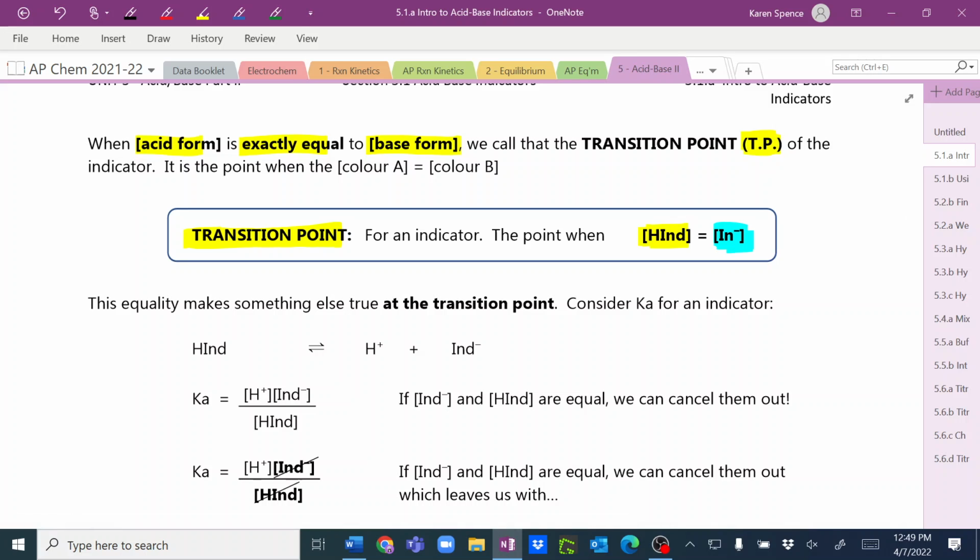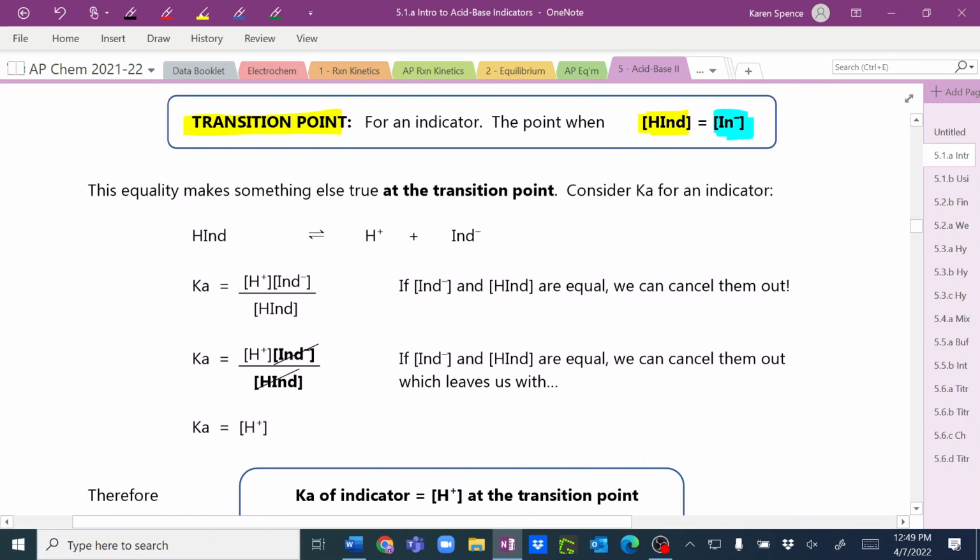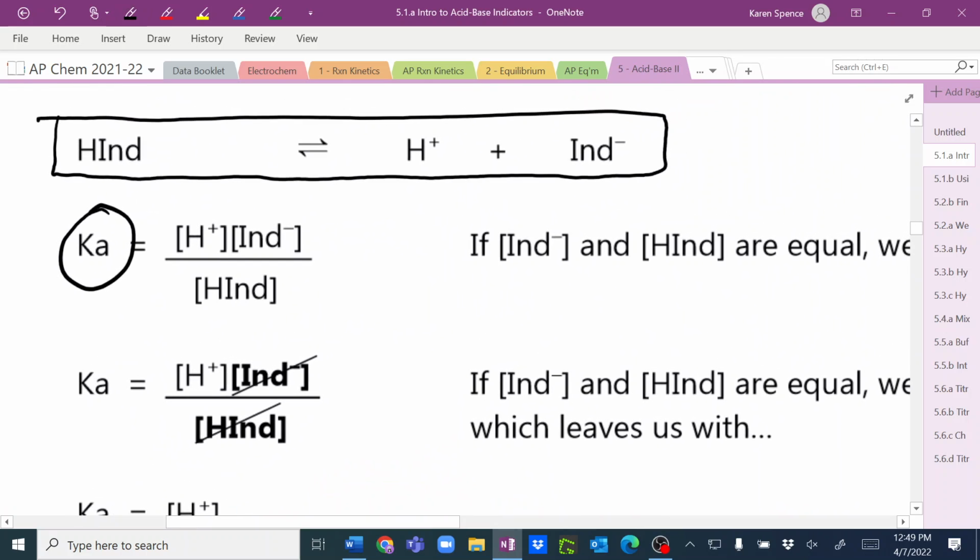And we can do something really nice with this because it is an equilibrium. We can always write, it's an equilibrium for a weak acid, we can write a Ka. So we have HIND in equilibrium with H plus and IND minus. And we can write our Ka expression, H plus times IND minus over HIND.